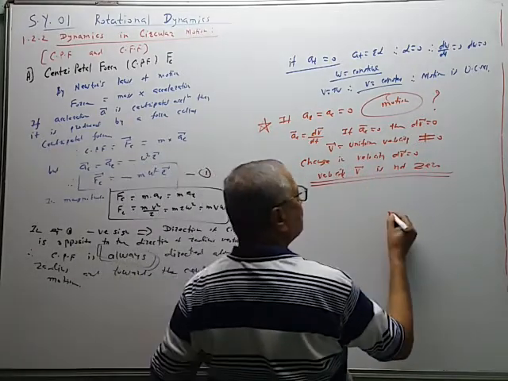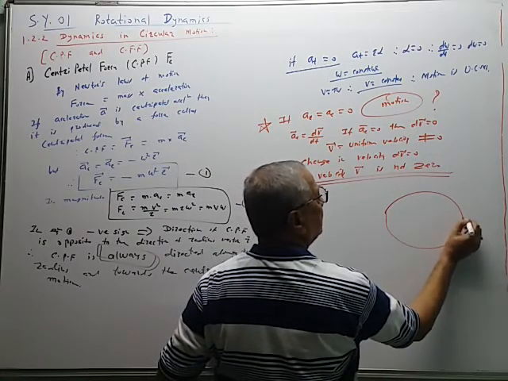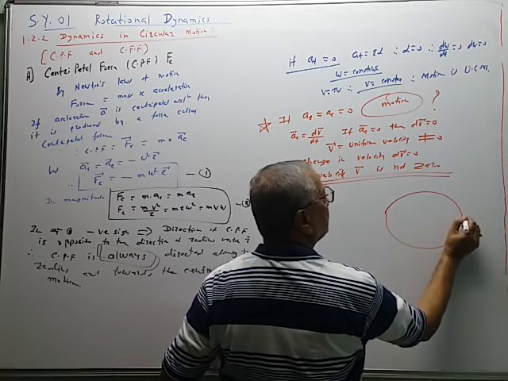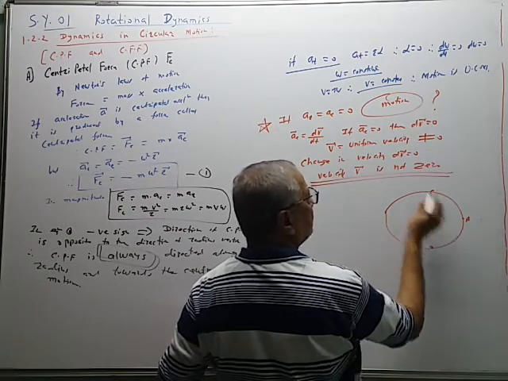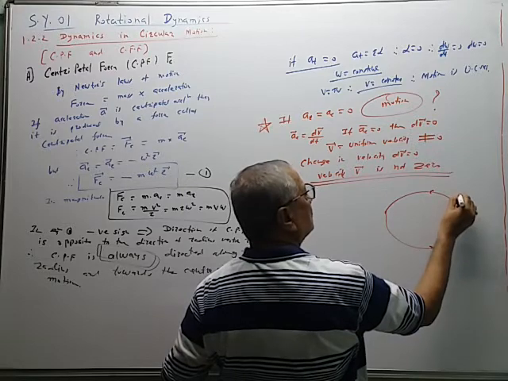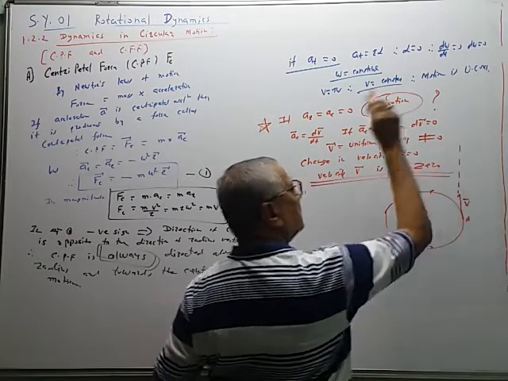So if this is a circle, then at this point, say A, if the AC becomes 0 at point A, then the particle will not change its magnitude and direction of velocity. So this linear velocity is along the tangent. So the motion will be continuing along this direction.